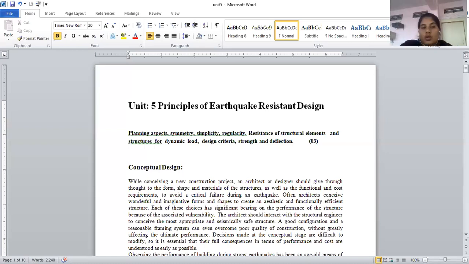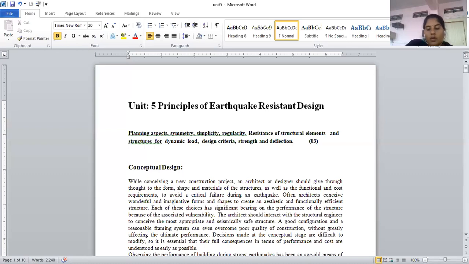This chapter gives introduction about the points that should be considered by the architect and structural designer during conceptual design of structure to avoid failure during earthquake.